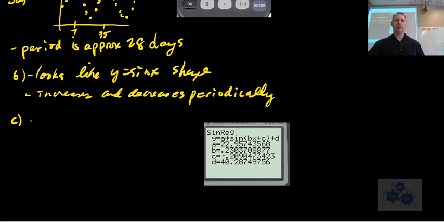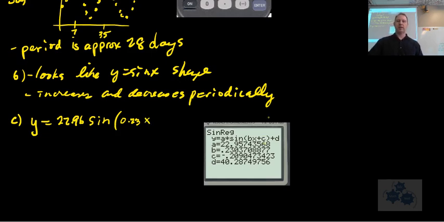So what you need to do then is write y equals, what's the a value? 22.96. A couple decimal places is fine. Sine. The b is 0.23 x.